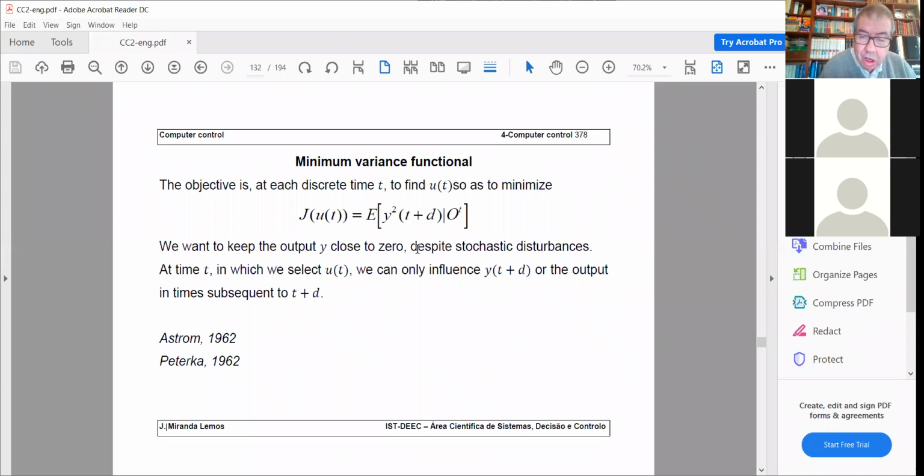Now, what is a good cost? A good cost should be something that keeps your system in order up to the end of the times. So in an infinite horizon. And if you do it just in one step, things went wrong.